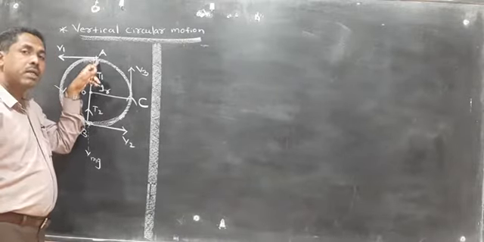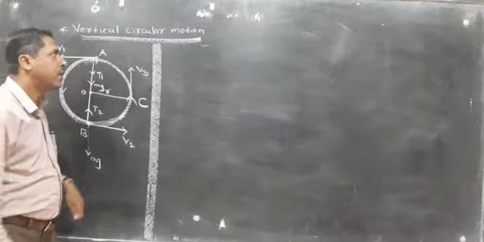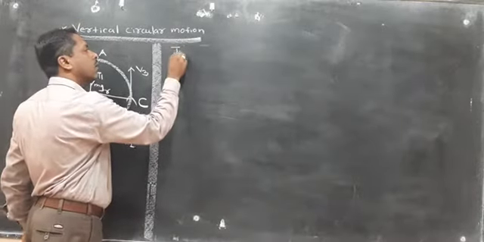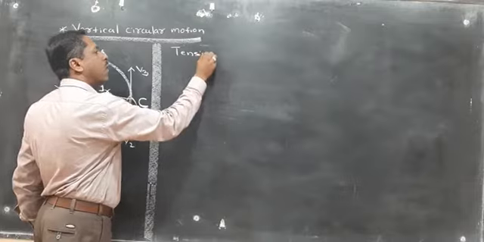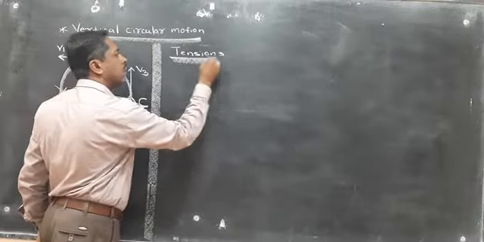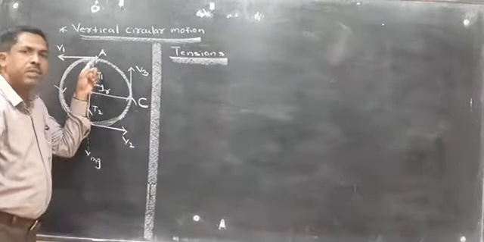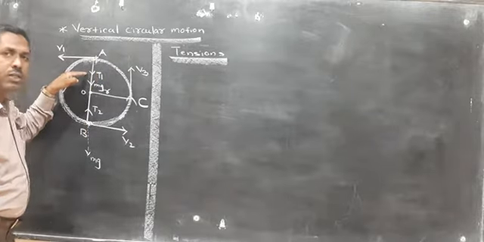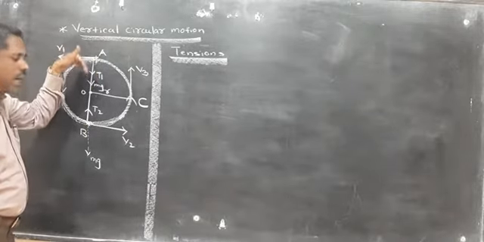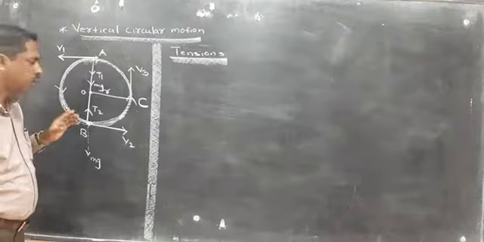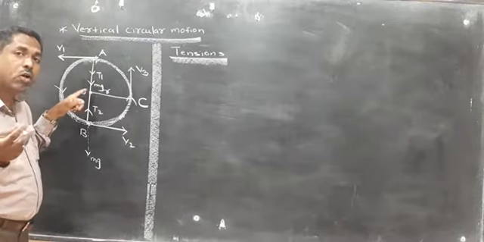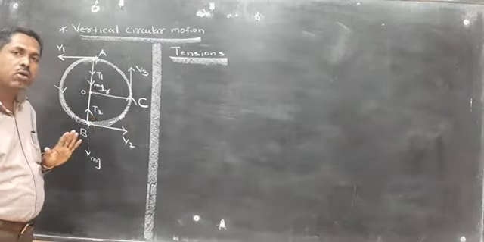Whenever the object is at the top, what happens about the tension? The tension T1 acts vertically downward. The weight of the object, mg, is also acting vertically downward.